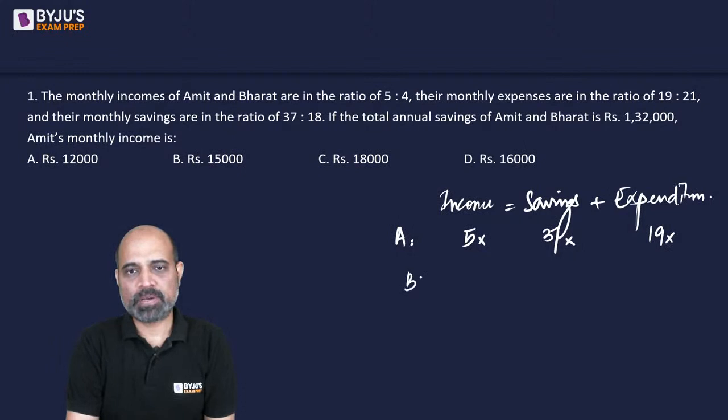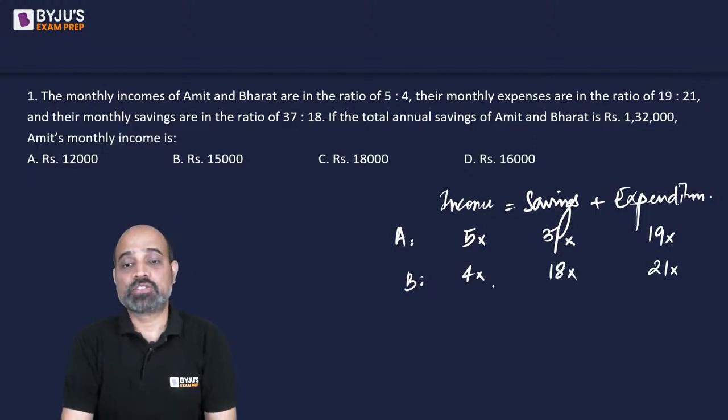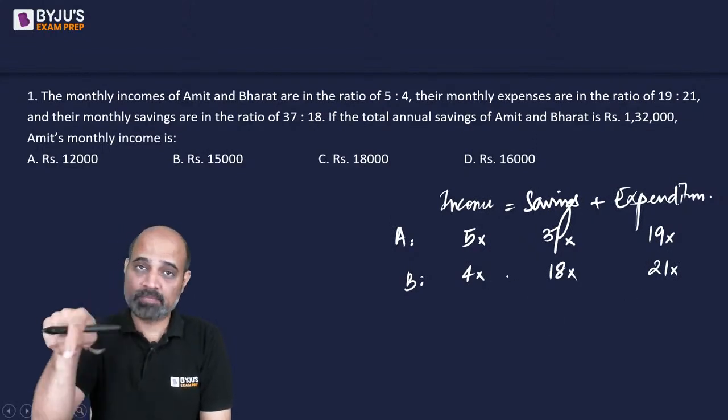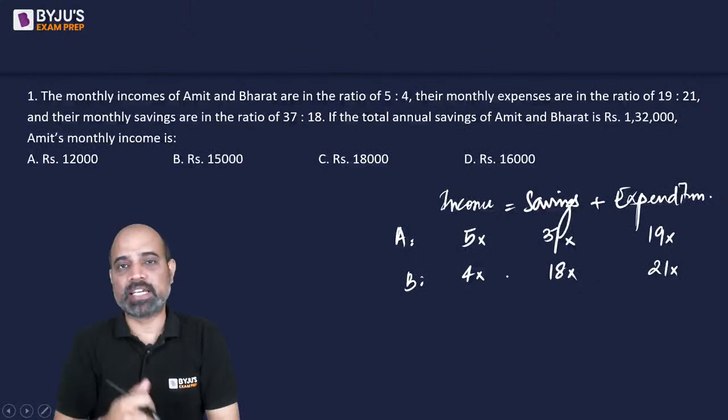And if I look at Bharat, he earns 4 के टेबल में कुछ, he spends 21 के टेबल में कुछ, and monthly savings are in 18x. So this is not x here. Here the multiplication sign means उसके table में.